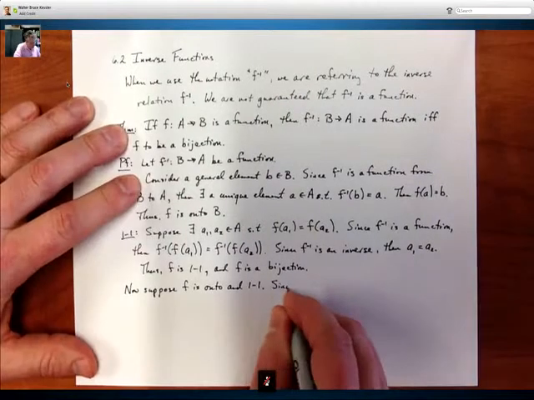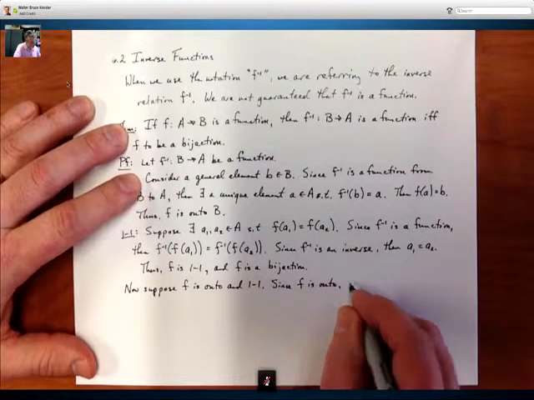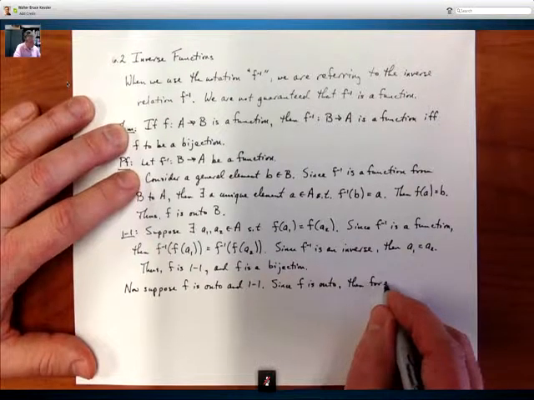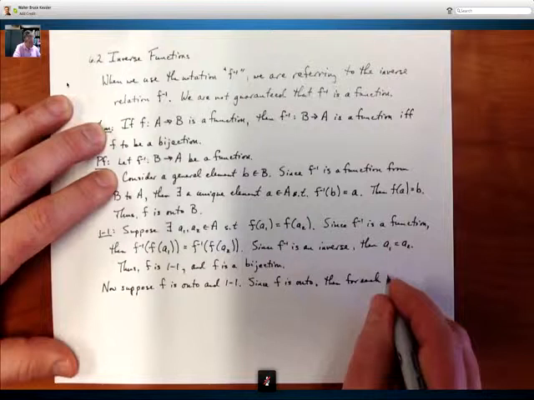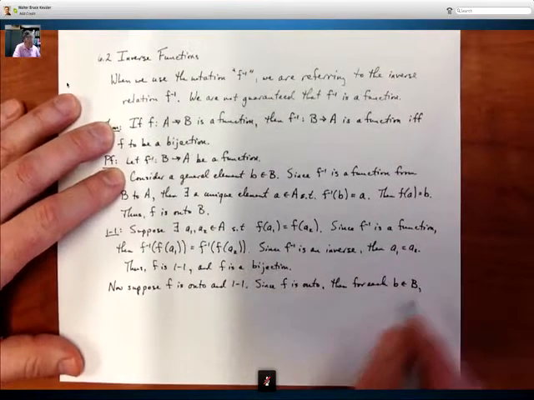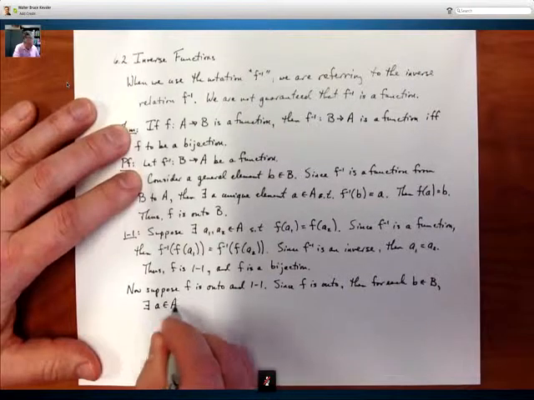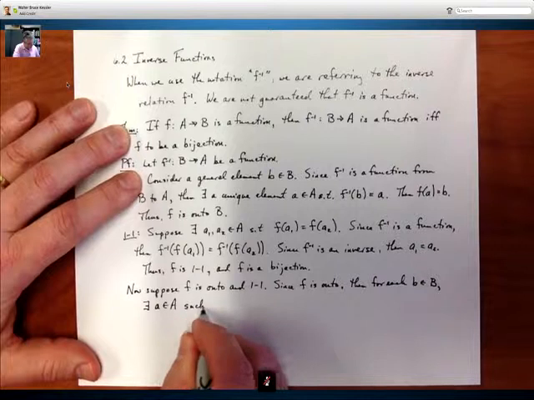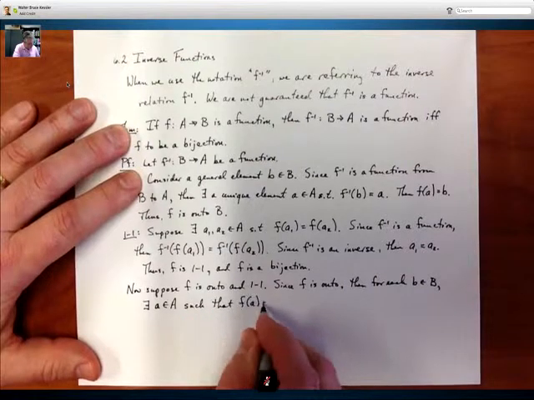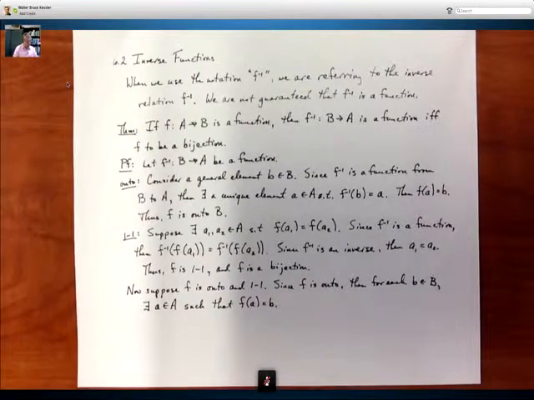Since F is onto, then for each b in the set B, there exists a in the set A such that F of a is b.